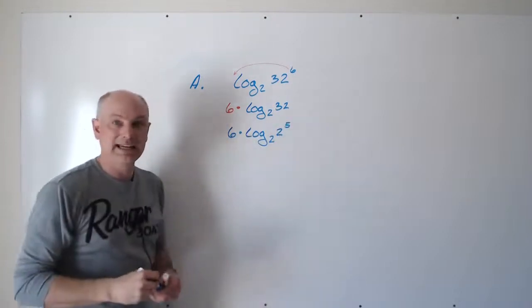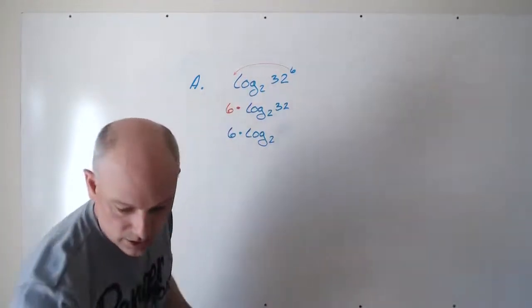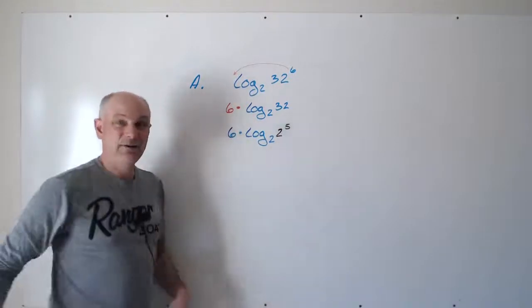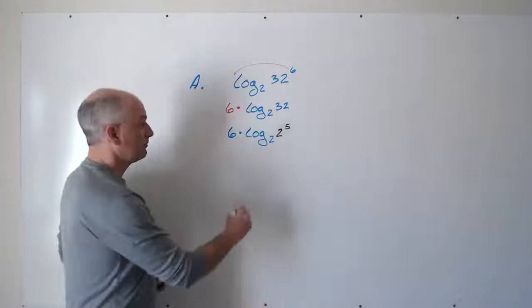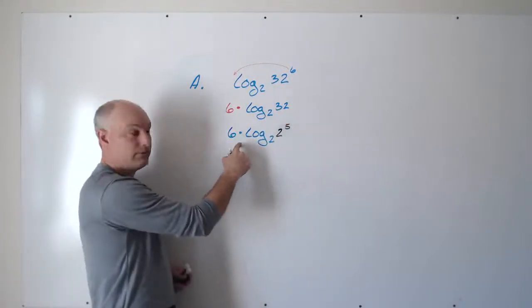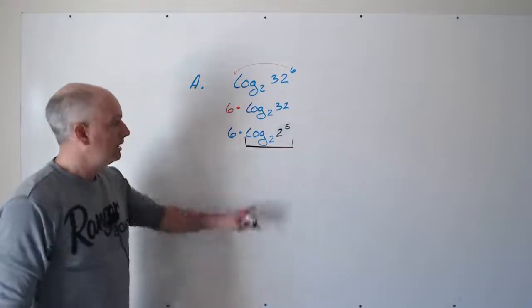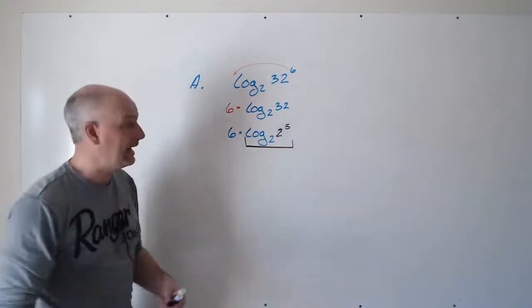what we want to recognize is that in this particular case, when I change to 2 to the 5th power here, now I can apply a different property that gets me done with it. So keep in mind that I've brought the 6 down as a multiplier in front, but I should recognize this as a pattern that log base 2 of 2 to the 5th power is just the 5.